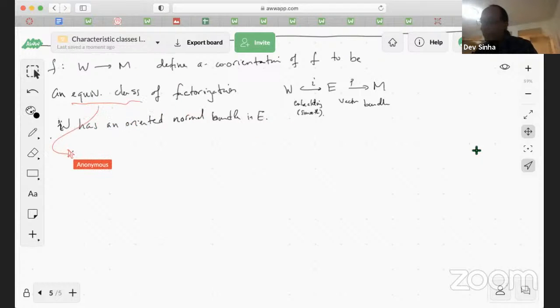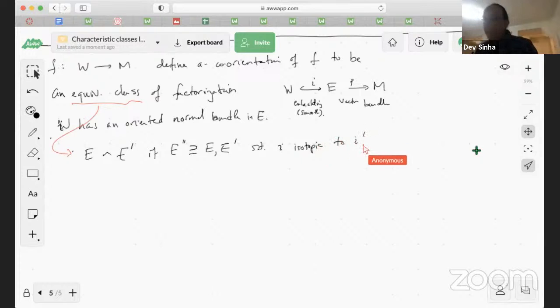We mean that E is equivalent to E prime with those orientations. So once again, by abuse, we're choosing one piece of the data for the name of a co-orientation here. E is equivalent to E prime if there is some E double prime, another vector bundle, which contains E and E prime, such that I is isotopic to I prime.